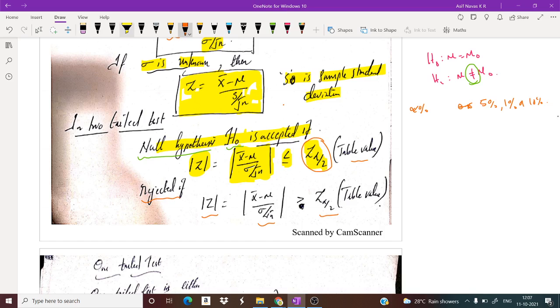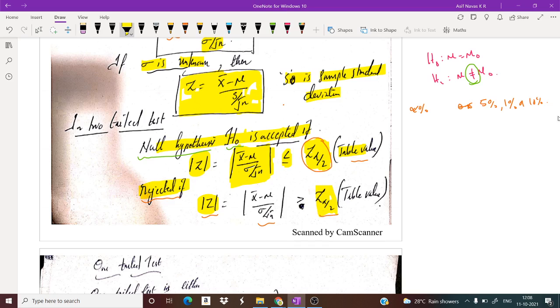So in a two-tailed test, first we have to calculate z equal to x bar minus mu by sigma by root n, and if it is less than or equal to z alpha by 2 from the table, then we will accept H naught, and reject H naught when mod z is greater than z alpha by 2.